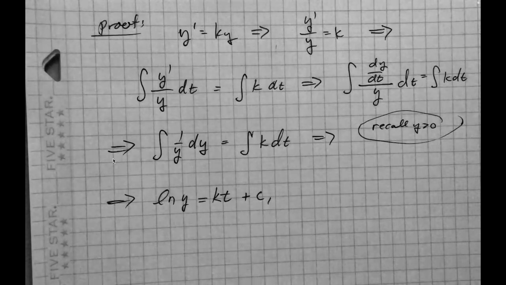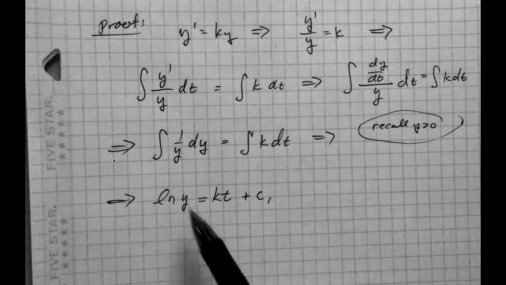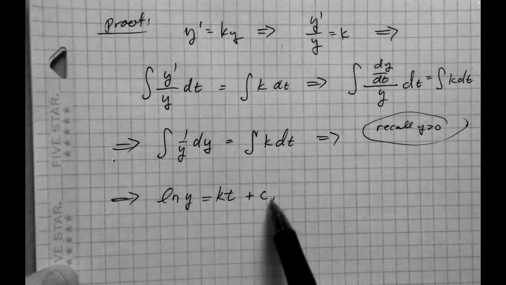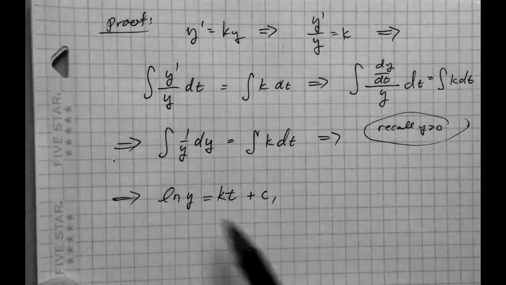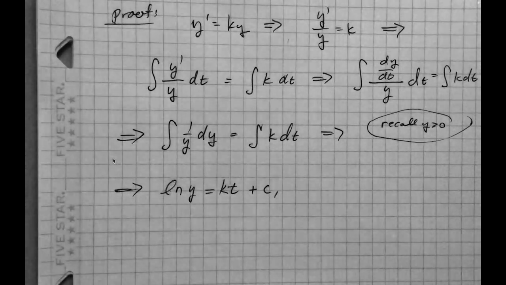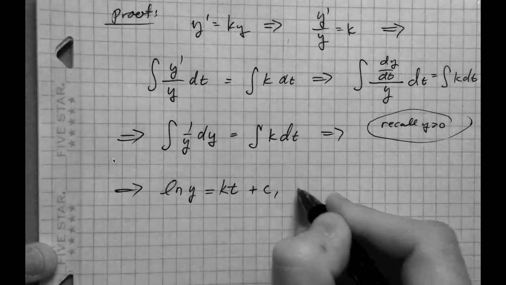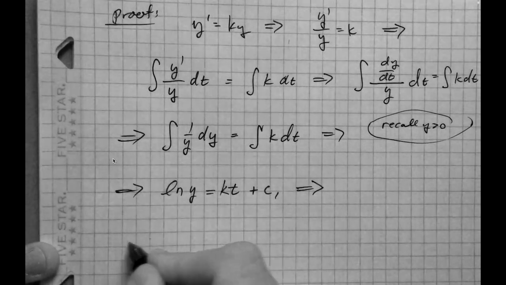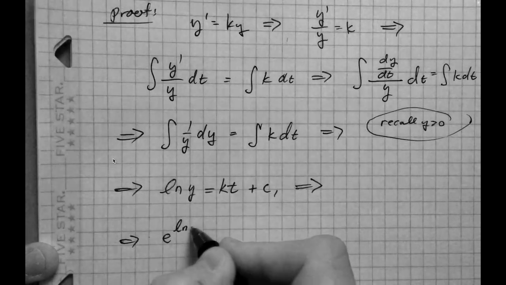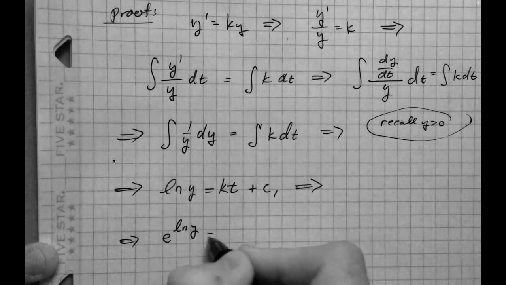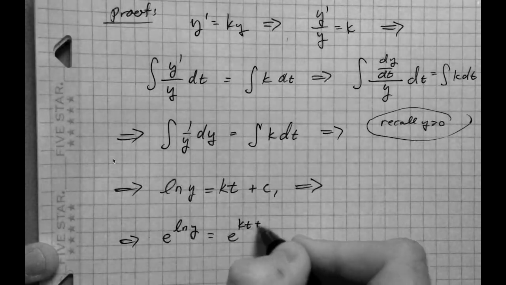Okay. So now we've got this equation that has no derivatives in it, and so this is quote unquote a solution, but we could clean it up a whole lot. And so the old trick here is to use the exponential, like so.